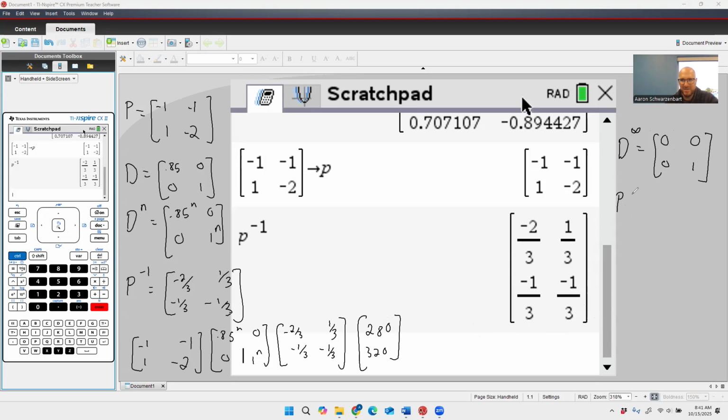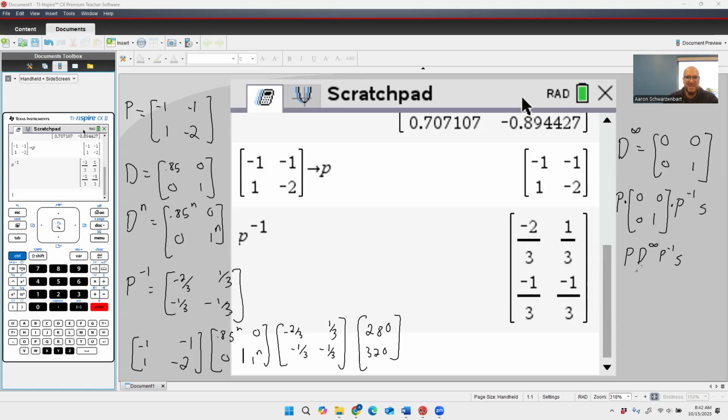So ultimately, I'm multiplying these matrices: P, then 0, 0, 0, 1, then P inverse. Do the D to the infinity and P inverse cancel?